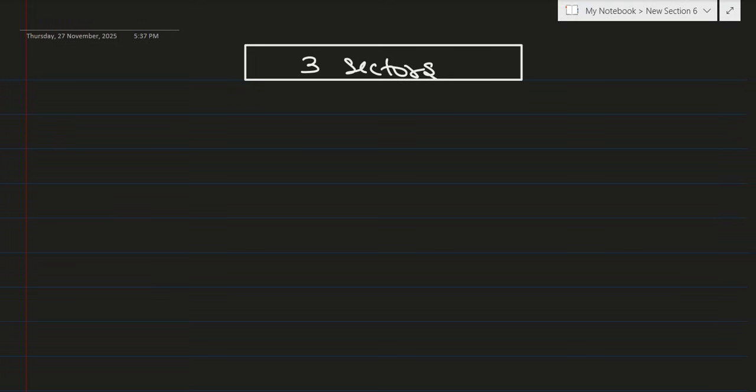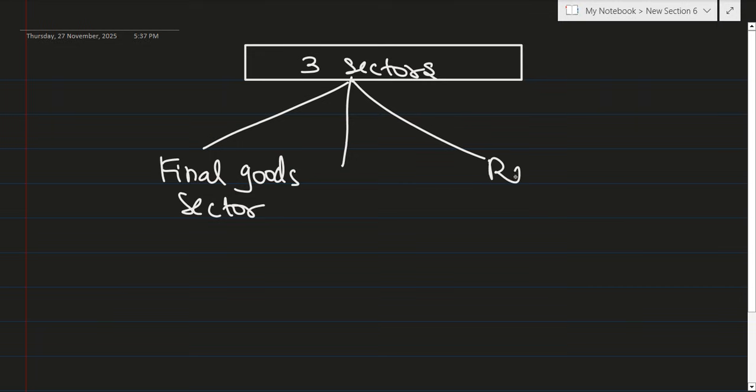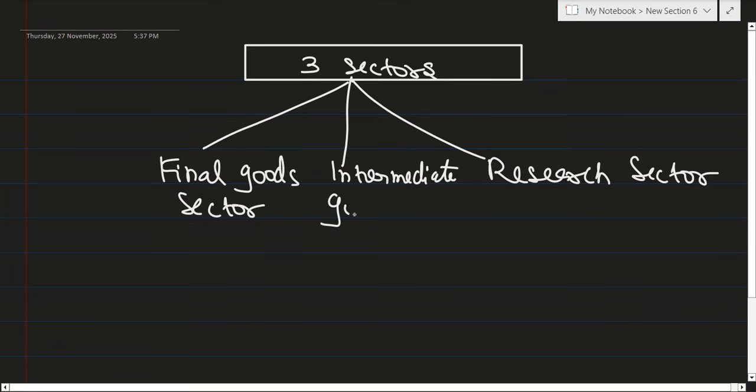Okay, now similar to the Romer model, we have three sectors in this Schumpeter model also, and those are: the final goods sector, the research sector, and the intermediate goods sector. In this we have a single monopolistic intermediate goods firm.